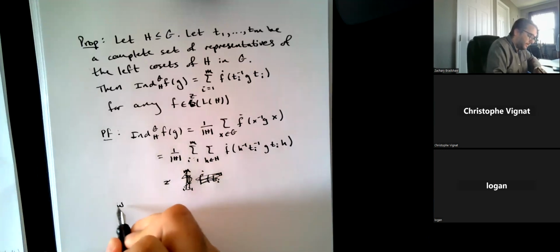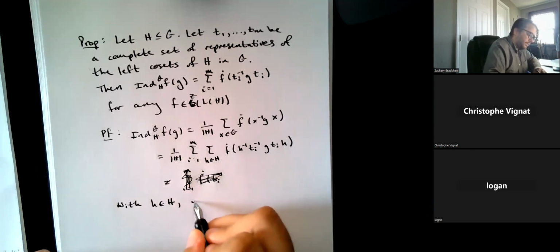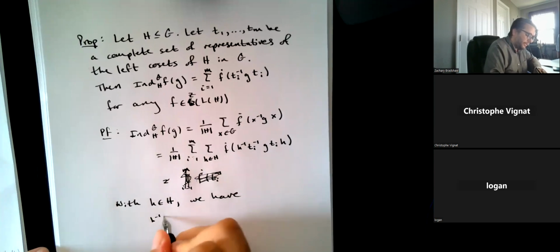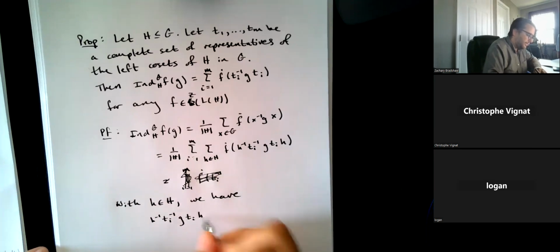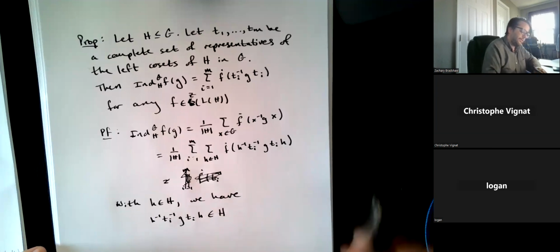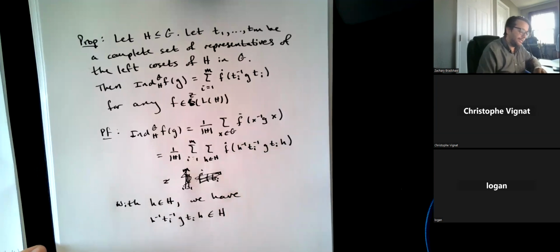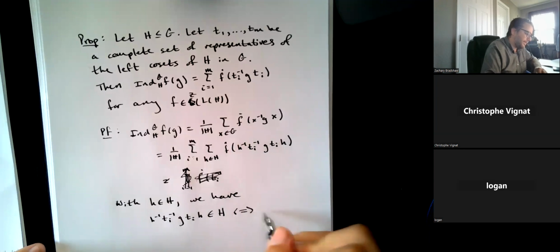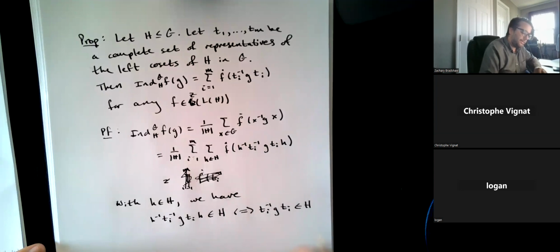So with h an element of H, we have the following. h inverse Ti inverse G Ti h is an element of H. We care about when this is an element of H, right? Because of this dot function here. That's going to tell us when this thing is 0 or not. This is in H if and only if Ti inverse G Ti is in H. Why? Because h and h inverse are already in H.